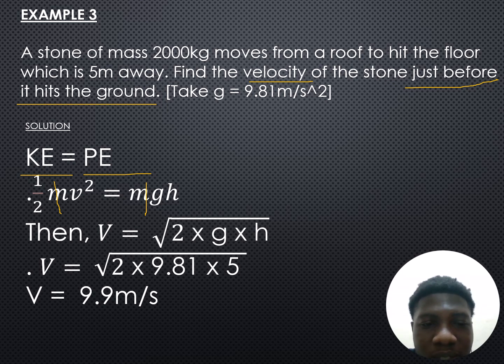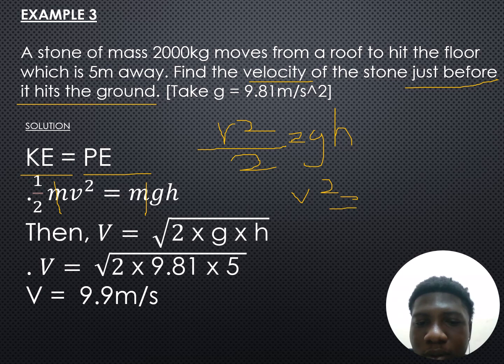So we have this, that means we can cross multiply, and let me demonstrate over here. It will be left with v squared over 2 is equal to gh. So we can cross multiply, and it's going to be v squared is equal to 2gh.